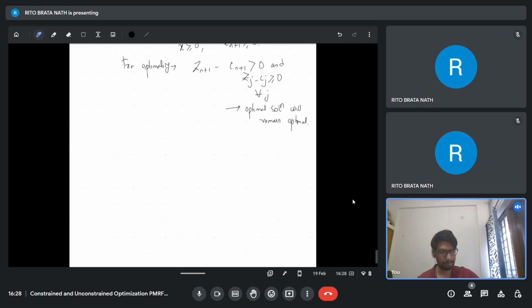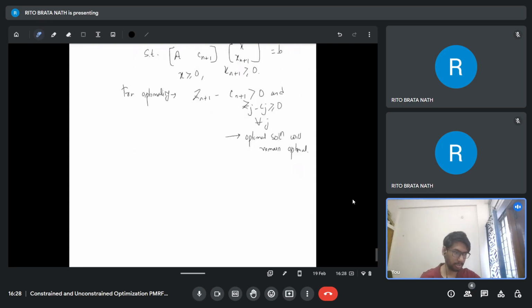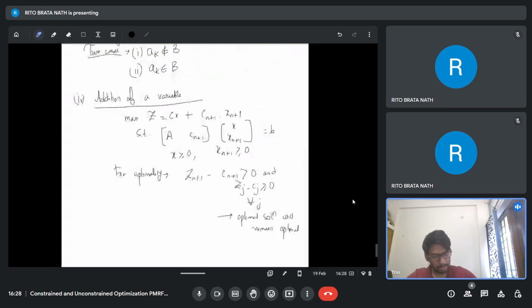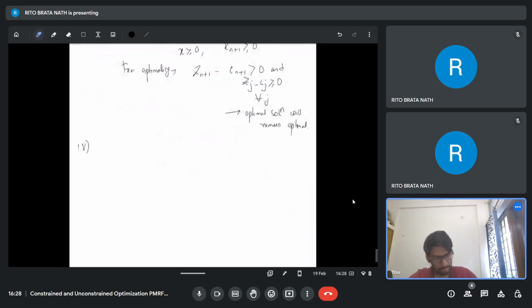So that's as simple. Otherwise, if there is some change, then you have to do some recomputation of the problem. Okay, and the last one is addition of an extra constraint.